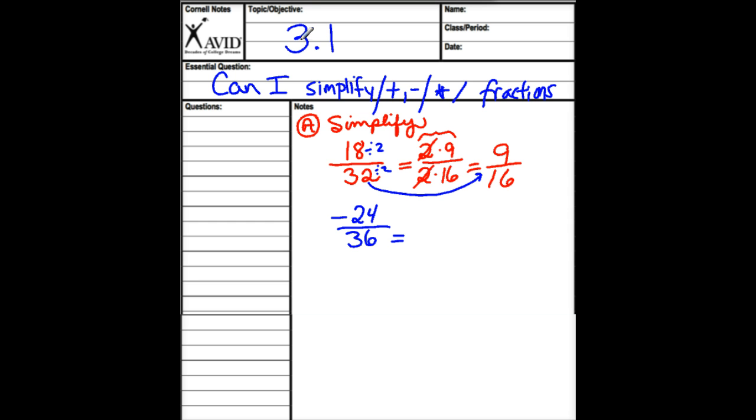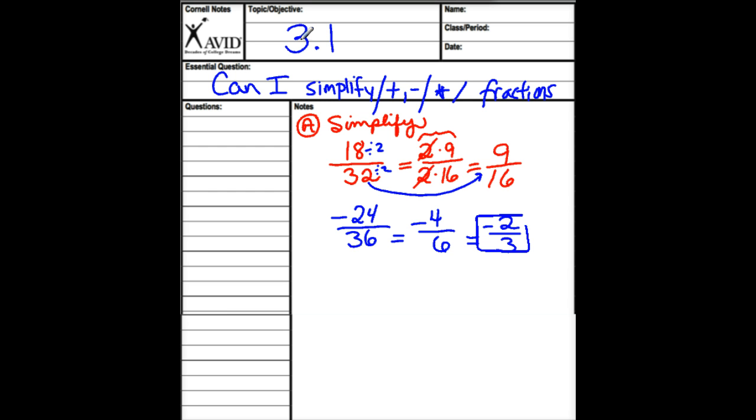So you say, I'm going to knock a 6 out of the top. 24 divided by 6 is 4. And I'm going to knock a 6 out of the bottom. What this tells me is you didn't find the biggest thing because 4 and 6 are still even. So what that means is I can still hack out another 2. So I'm going to divide a 2 out of the top and a 2 on the bottom.